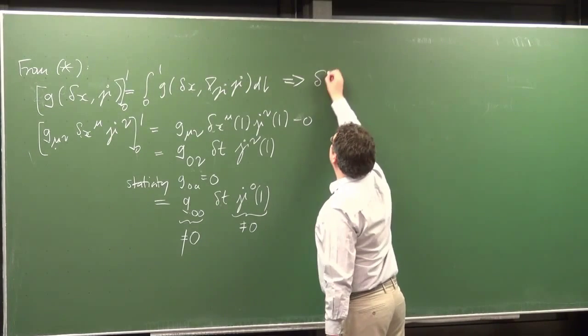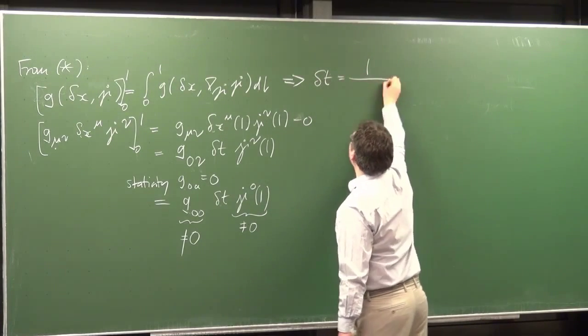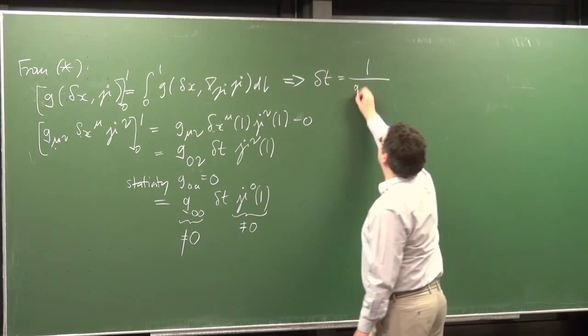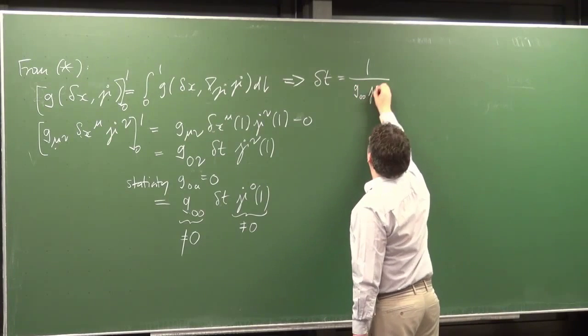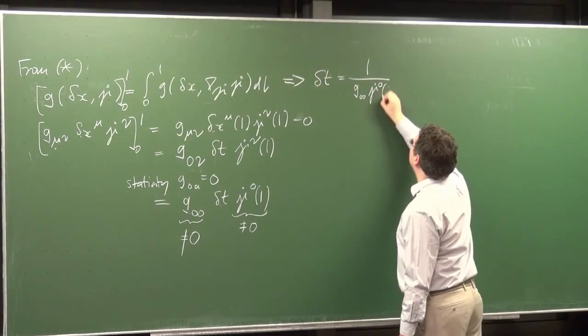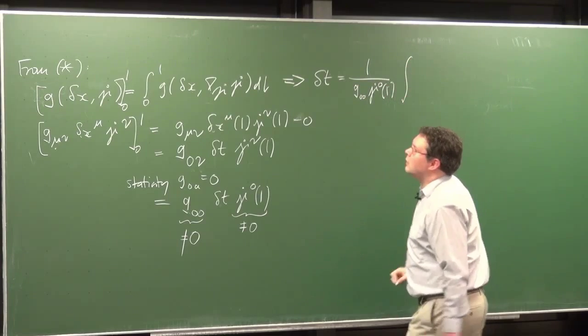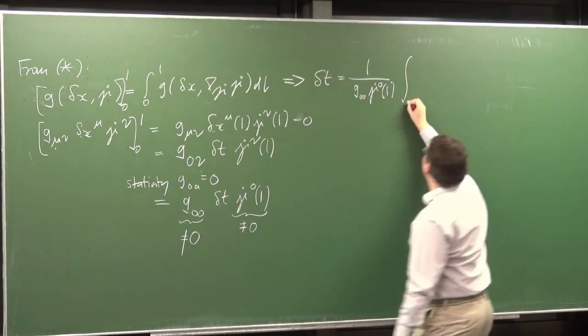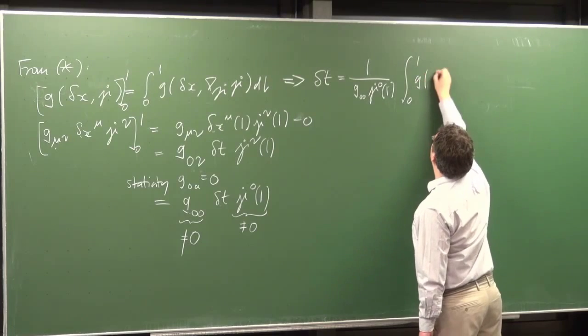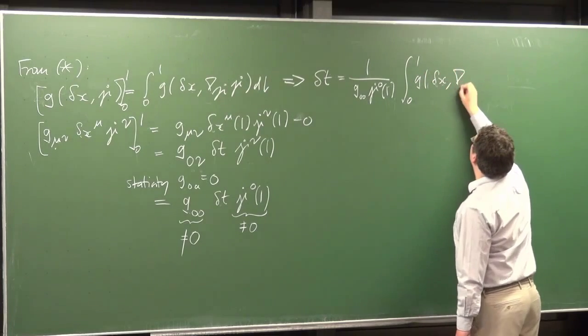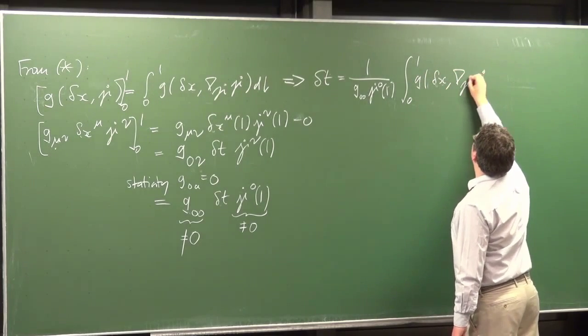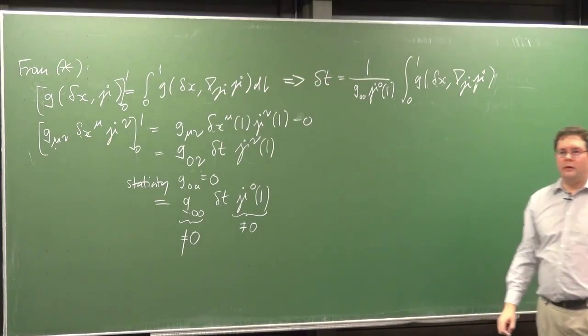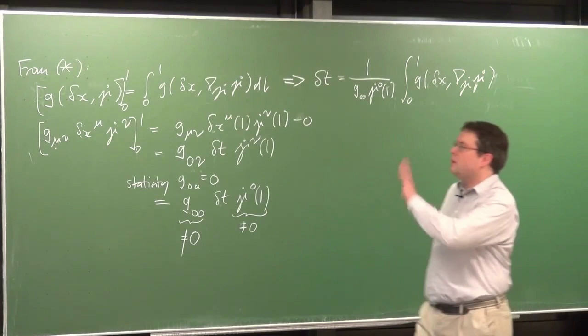We can now write δt is equal to 1 over g_{00} γ̇^0 at 1 times this integral over here. Right? So this is what we've derived from star.